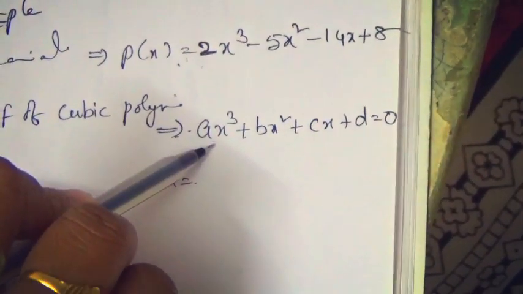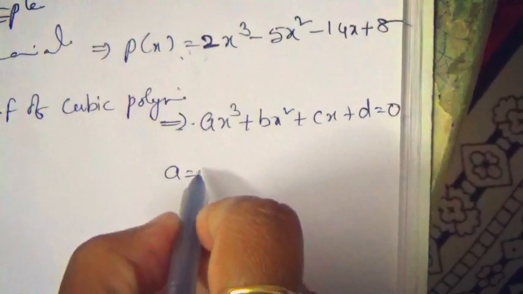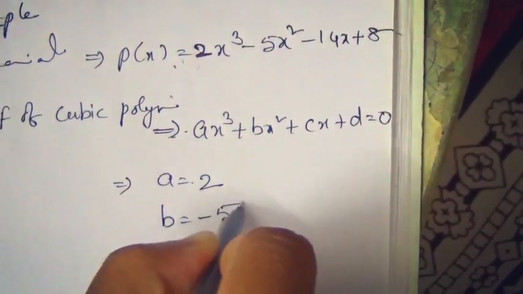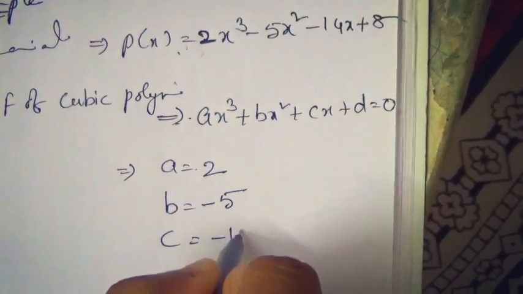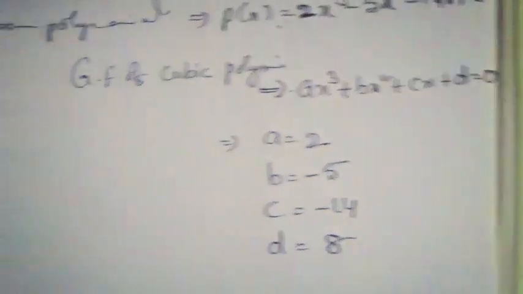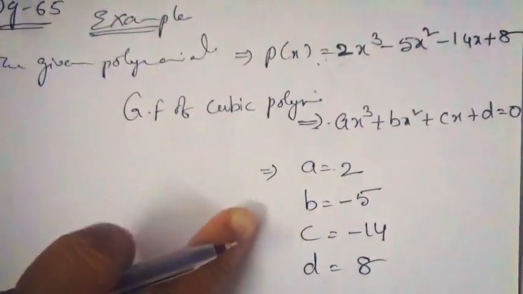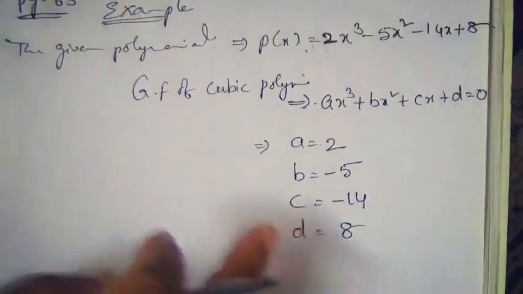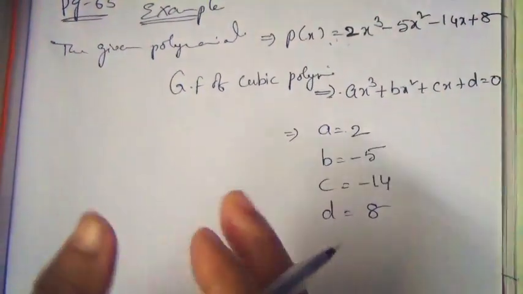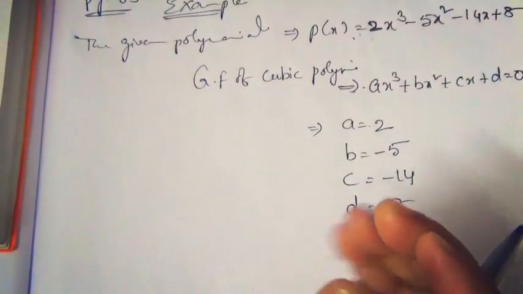The coefficient of x cube here is 2. So b is minus 5, c is minus 14, d is 8. When you compare these two, you get the values of a, b, c, d. Then you have to find the relationships of the zeros of the given polynomial.